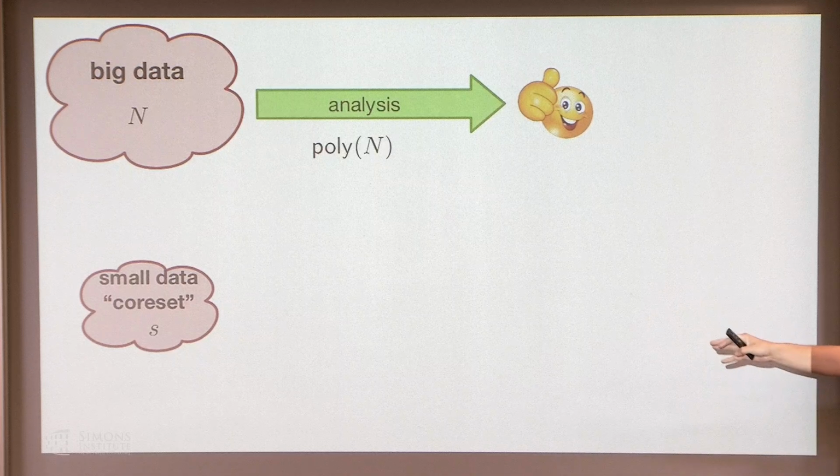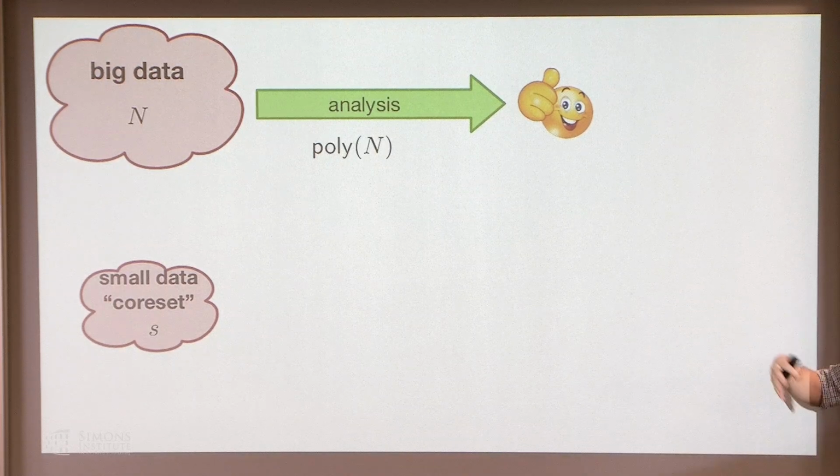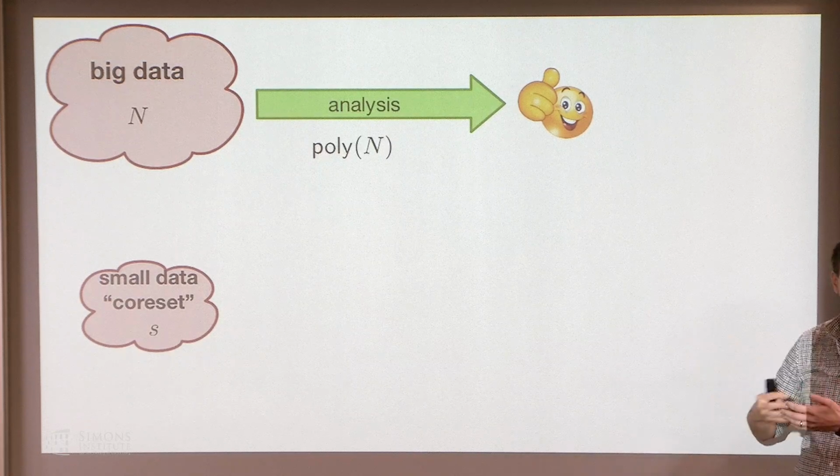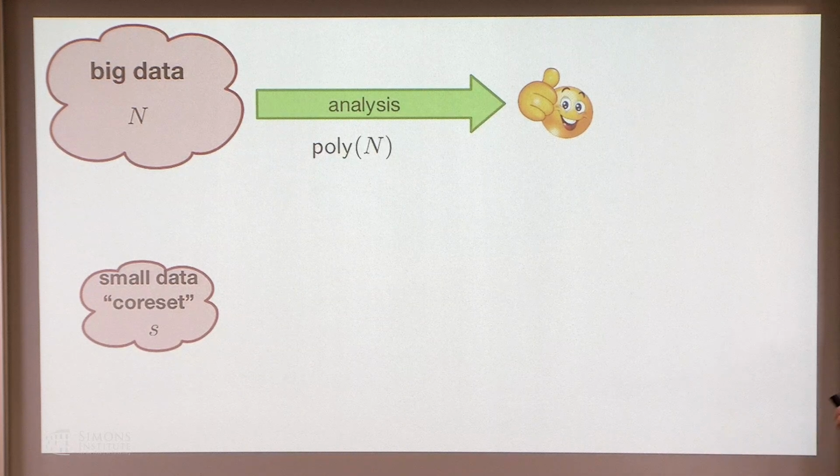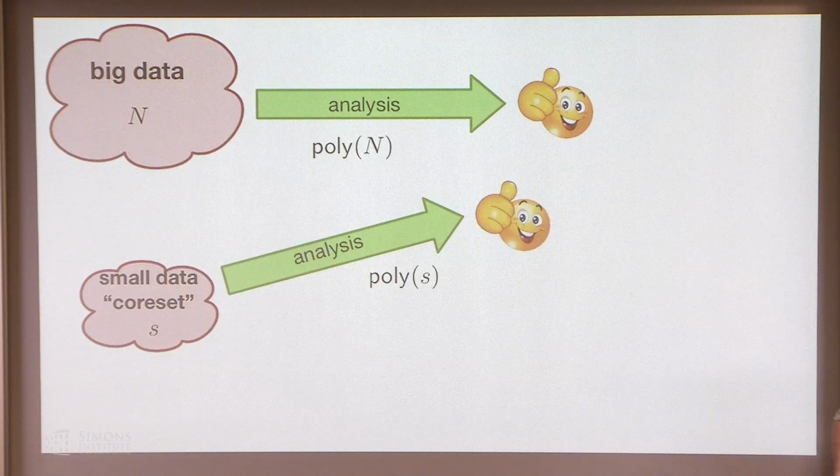A coreset, instead of a sketch, is essentially something more restrictive, where the data set looks like the full data. The data points have the same dimensions, same properties. It's just smaller, and you want it to maintain the rough properties of the full data. Now, when the data is much smaller, you can run the same analysis on it. Now it's polynomial in S instead, and you're happy.